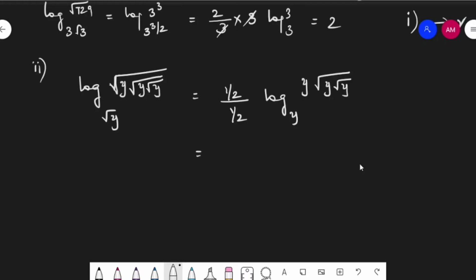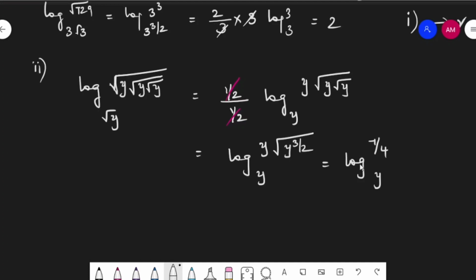So the 1 by 2 gets cancelled. We have log of y into square root of, what is y into root y? Y power 3 by 2, to the base y. So that is equal to log y power 1 plus 3 by 4, so it will be 7 by 4, to the base y.